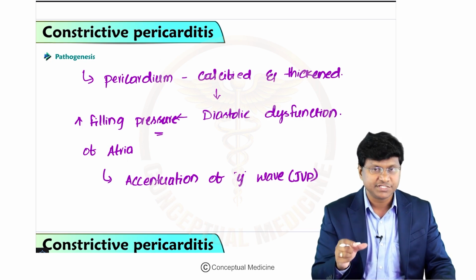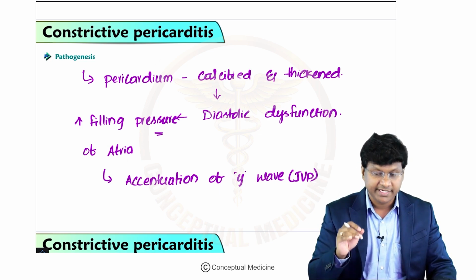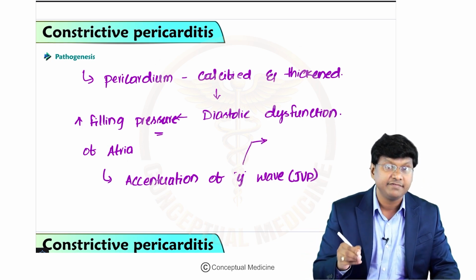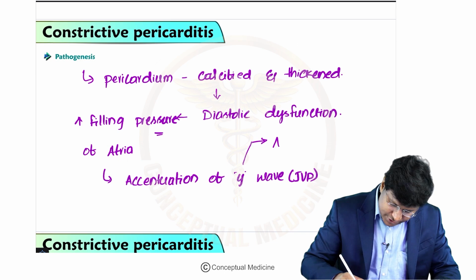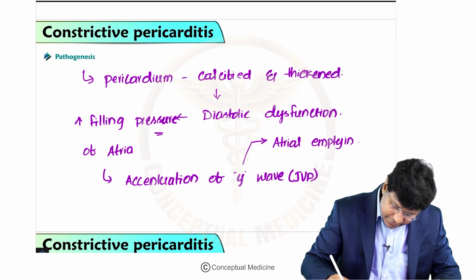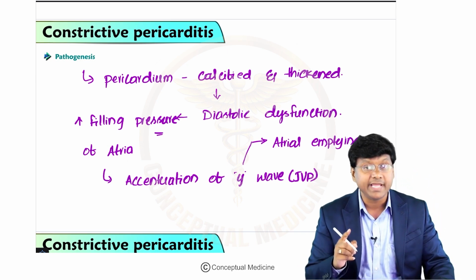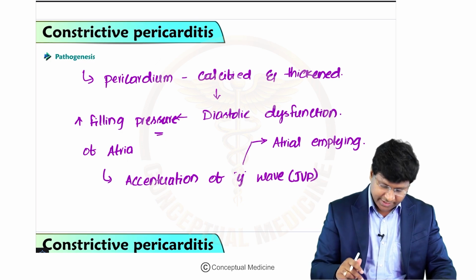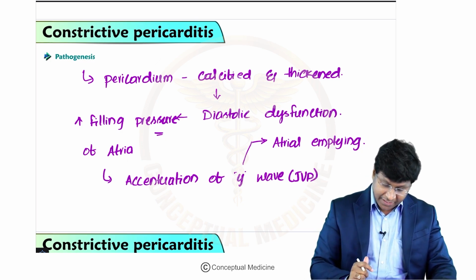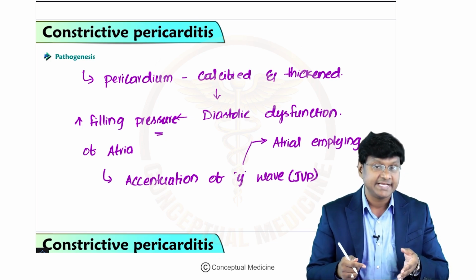Now, you need to know what the Y wave in JVP is. In the section on JVP, I have discussed the individual waves in detail, but let me tell you, the Y wave in JVP tells you about atrial emptying. Now, why is the Y wave accentuated?